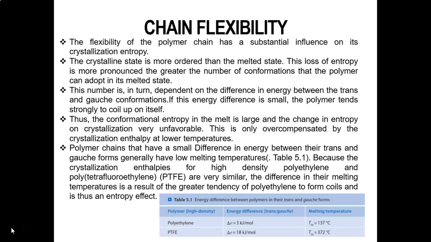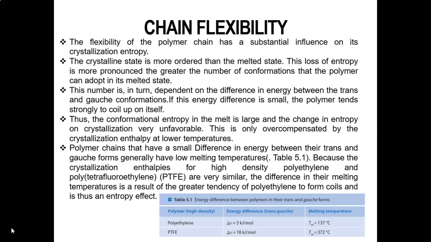Although the gauche states are slightly less stable, all three minima can be regarded as discrete rotational states. So we have the eclipsed position, and we have a staggered formation of the chain. Thus, the conformational entropy in the melt is large and the change in entropy on crystallization very unfavorable.